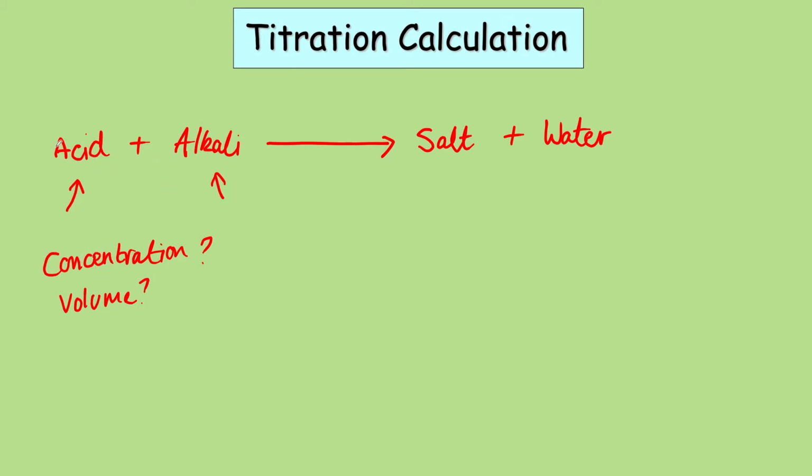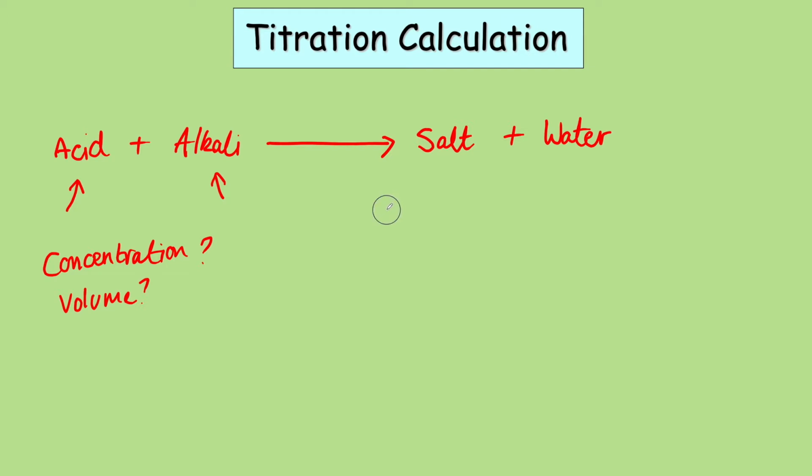It might be a case of they give you the concentration and volume of the acid and only the volume of the alkali and ask you to figure out the concentration, or they want you to figure out the volume of the acid or alkali that you need to add in. So they're going to be asking you for either concentration or volume here.